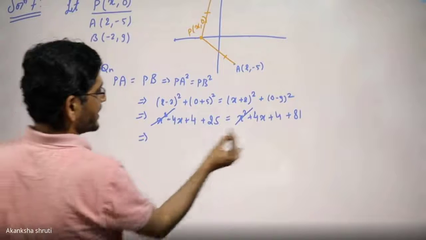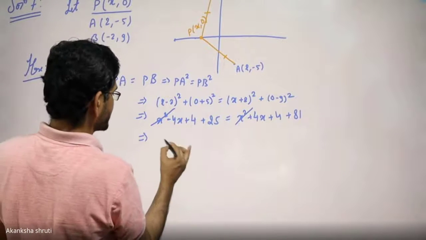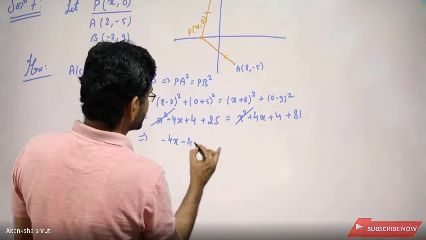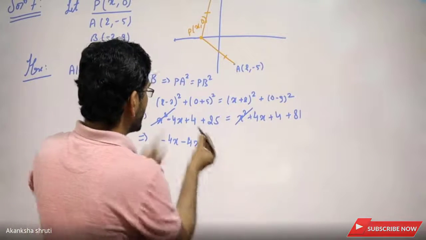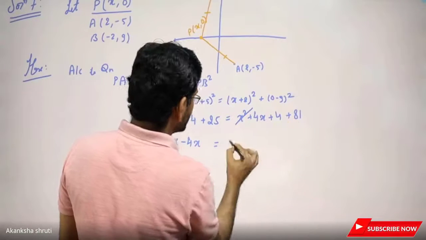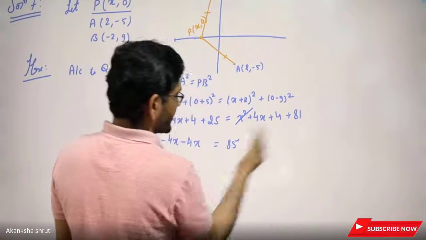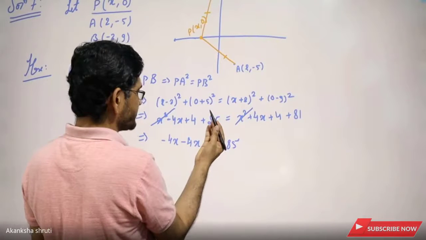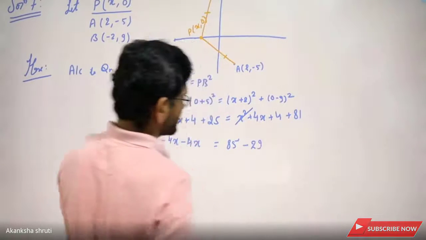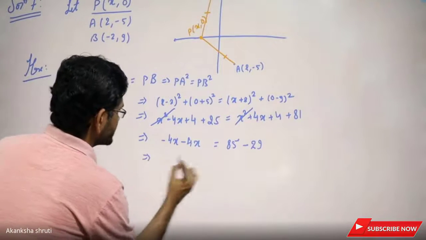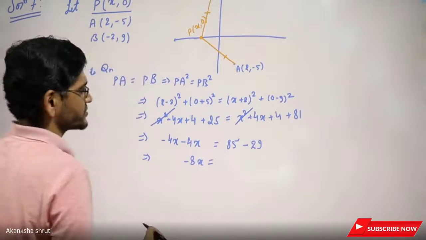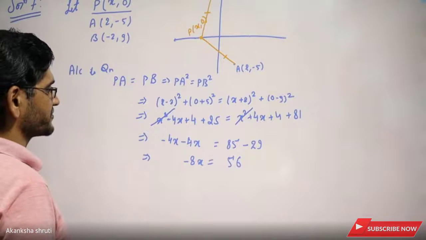So here we can bring the 4x on the left hand side, minus 4x, the other minus 4x. Then the constant term can be sent to the right hand side. 81 plus 4 is 85 on the right hand side. From the left hand side, 25 plus 4 is 29. It will go to the right hand side to subtract 29. Students, it becomes minus 8x equals 56.